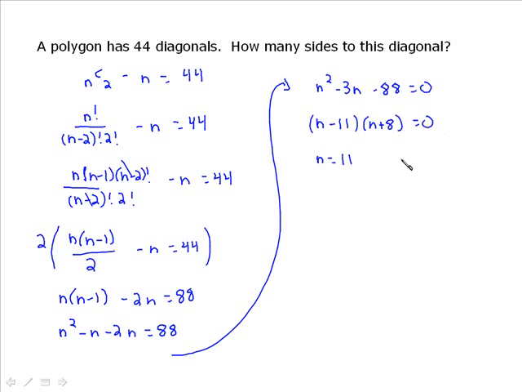So n is equal to 11, or n is equal to negative 8. And as before, when we run into a negative n value, we reject it. In this case, it makes practical sense because we should not have a negative 8-sided polygon. So this is an 11-sided polygon.